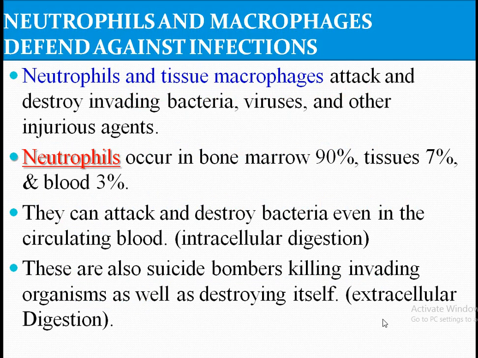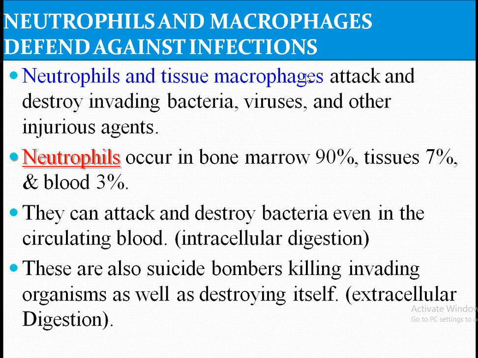Neutrophils and tissue macrophages attack and destroy invading bacteria. First of all, I would like to define what this terminology is, what these macrophages actually are. In the blood, we have different types of blood cells, including RBC, WBC, platelets, and so on. Among the WBC, we have lymphocytes and monocytes also.